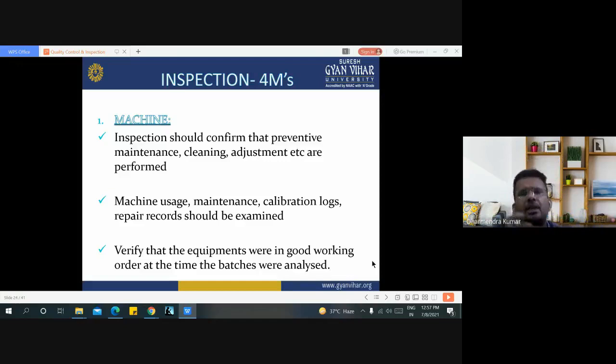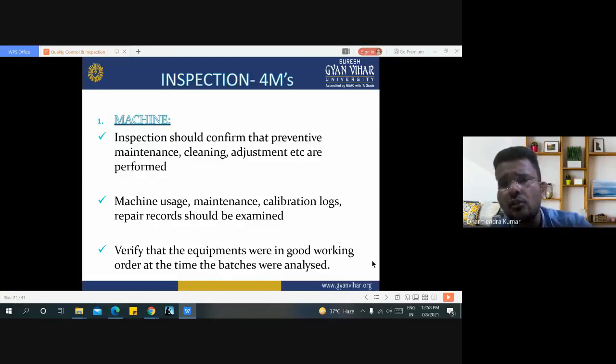Here, these all form the inspecting of machines, like which type of machine we are using, the maintenance process which we are using on the machine, calibration logs, and the repair records, like when the previous maintenance or servicing was done, or at what interval of time parts are replaced in this machine.